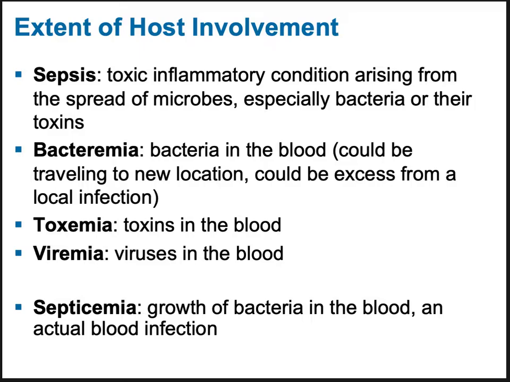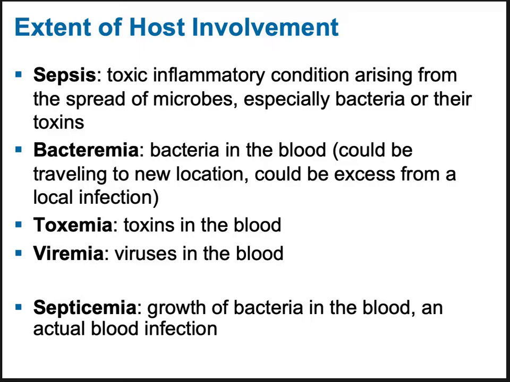So it would indicate a systemic serious infection. It could be due to an excessive amount of bacteria from a local infection that have then gained access to the blood. Some pathogens actually will travel to the blood. They don't necessarily cause a huge infection in one site.